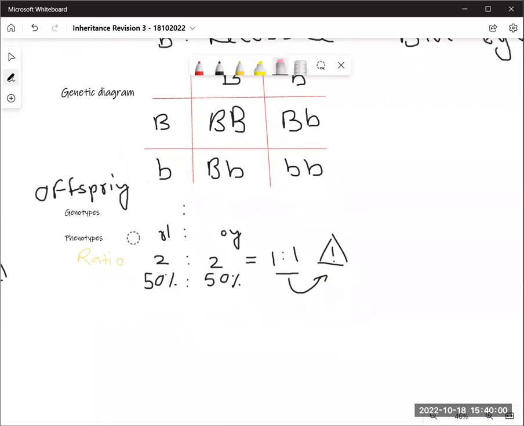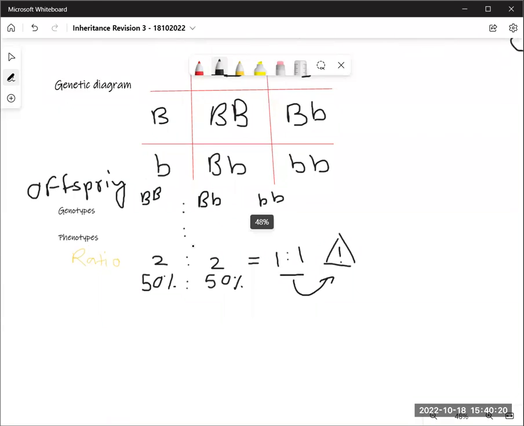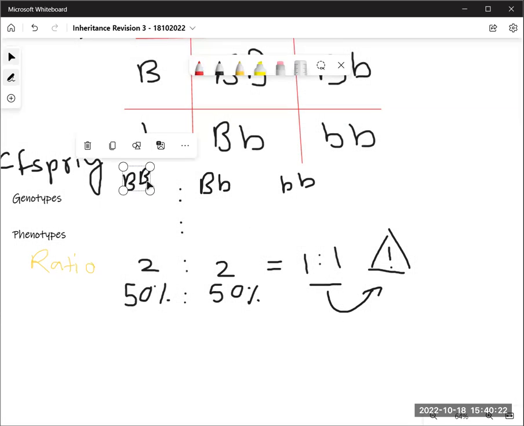Let's see. Now, what are the genotypes I'm getting? I'm getting capital B, capital B, and capital B, small b. So these two are together. And I'm also getting small b, small b. Now we realize the phenotypes for capital B and small b are exactly the same.